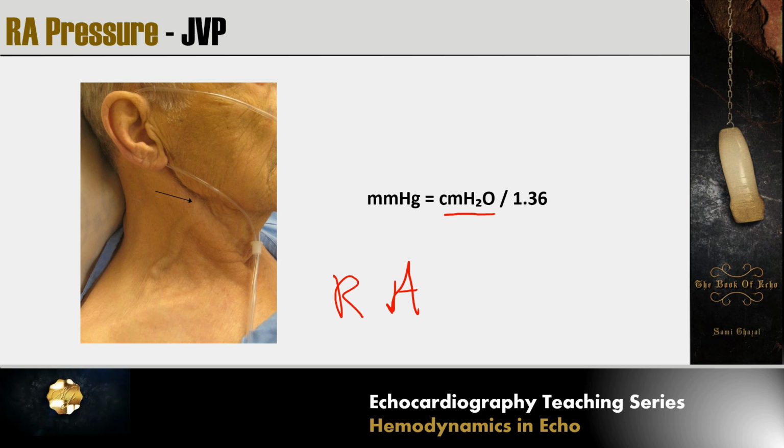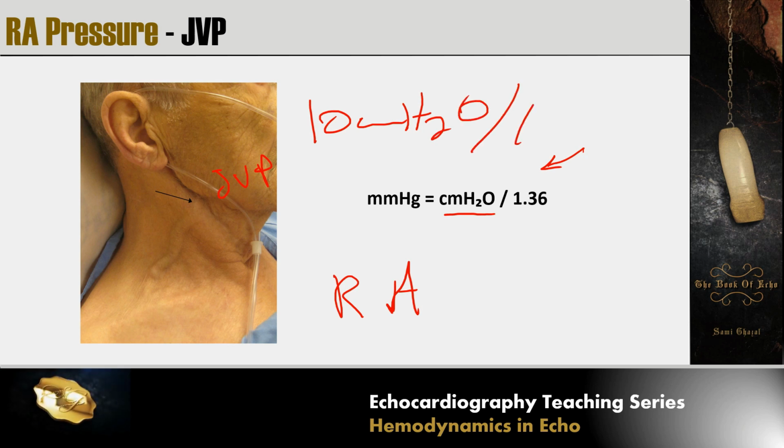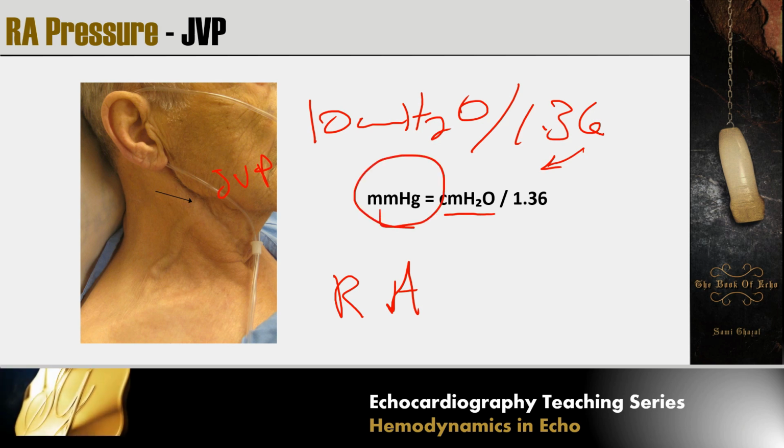This is the conversion equation: we divide by 1.36 whatever we measure in centimeters of water, the JVP measurement. So let's say the JVP is 10 centimeters of H2O. We have to divide it by 1.36 to get it in millimeters of mercury.